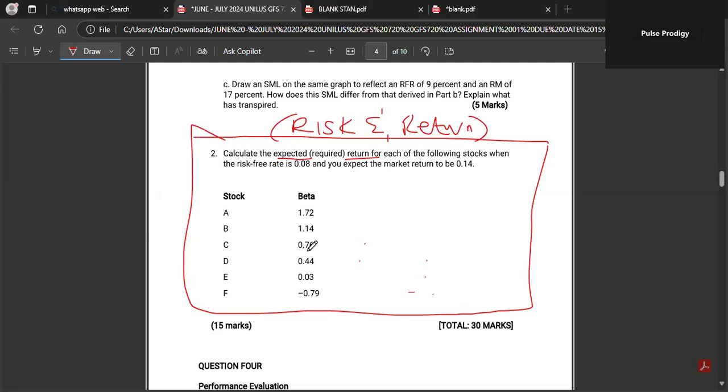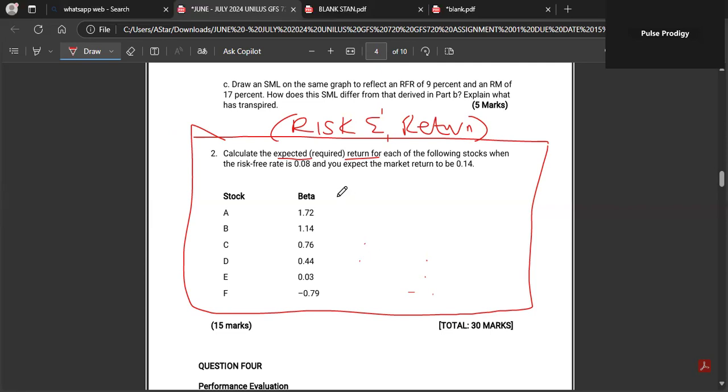So we have stocks A, B, C, D, E, F. We also have beta: 1.72, 1.14, 0.76, 0.44, 0.03, and 0.79.